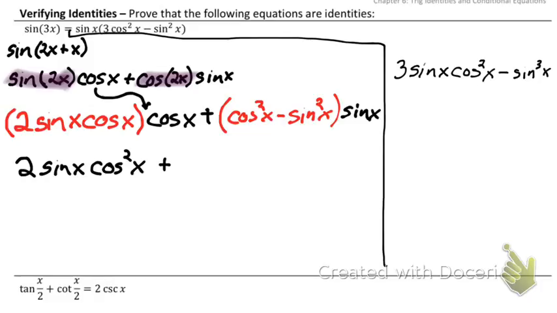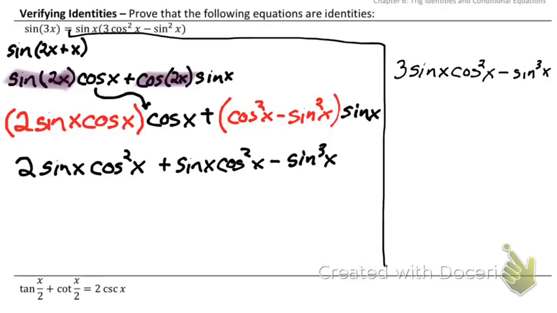Because now when I distribute the sine of x to everything, I'm going to create a sine x cosine squared x. And I'm also going to create a sine x times sine squared x equals sine cubed x. I have 2 of these guys, sine x cosine squared x.